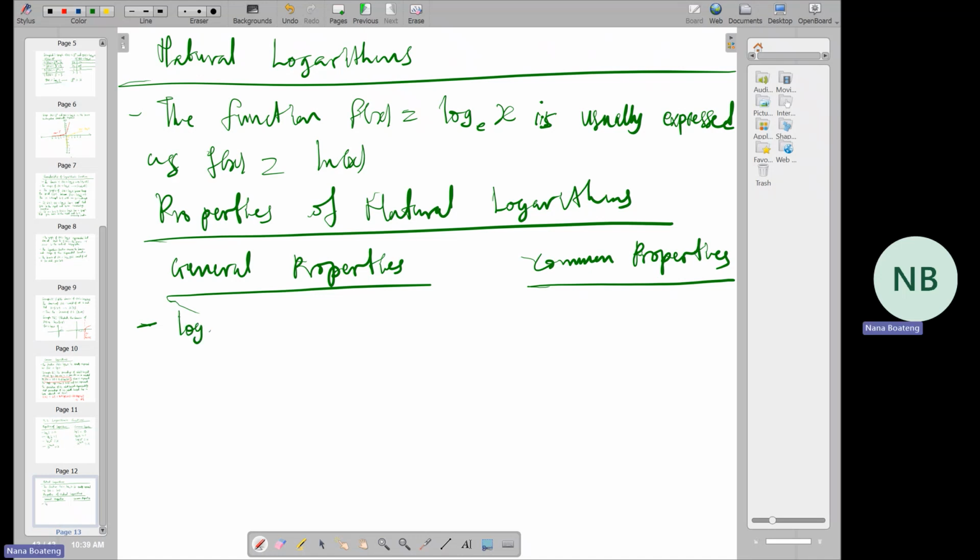Log to the base b of 1 is equal to 0, and log to the base b of b is equal to 1.